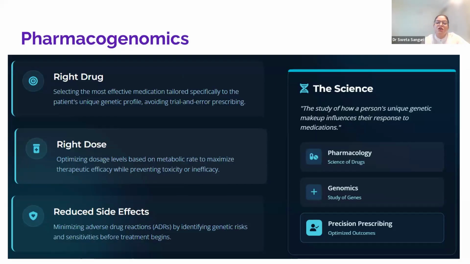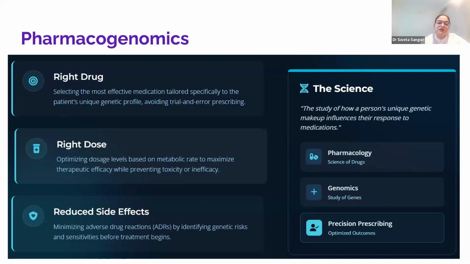We have the drugs. We can use the targeted drugs in the right dose, because having the right dose is also very important to get the maximum benefit from the treatment.